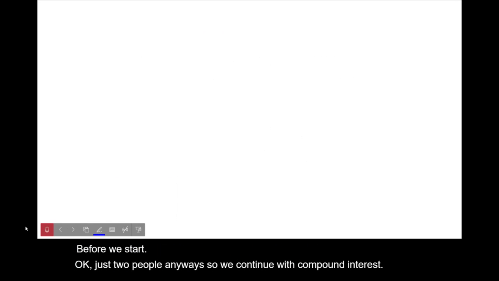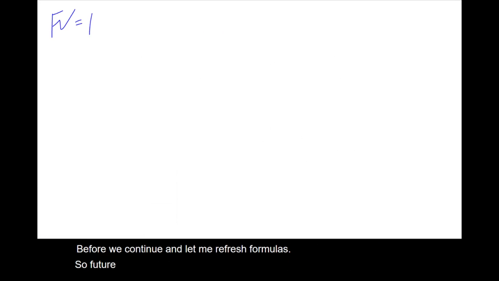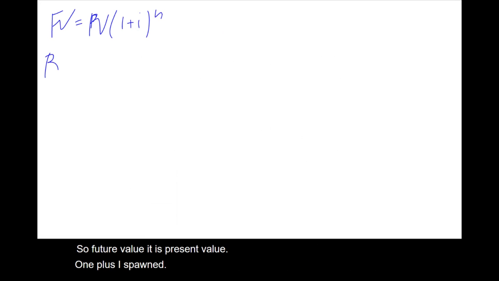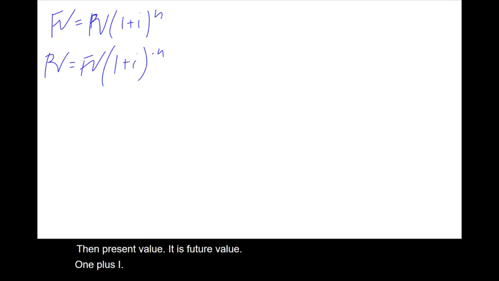Before we continue, let me refresh formulas. So future value is present value times (1 plus i) exponent n. Then present value is future value times (1 plus i) exponent negative n.